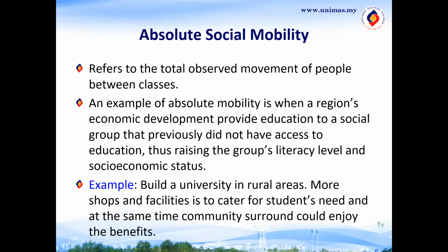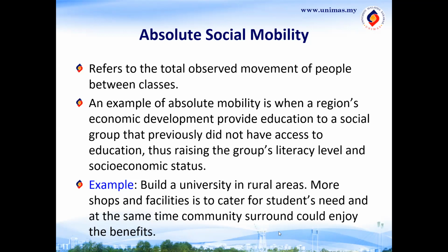Jadi apa yang berlaku di Semerahan is an example of absolute social mobility, not only for the students but also particularly for the surrounding community, because they also enjoy the benefits from the development that takes place, which universiti itu sebagai pemangkin lah, more or less, kepada pertumbuhan ekonomi in surrounding areas, right?